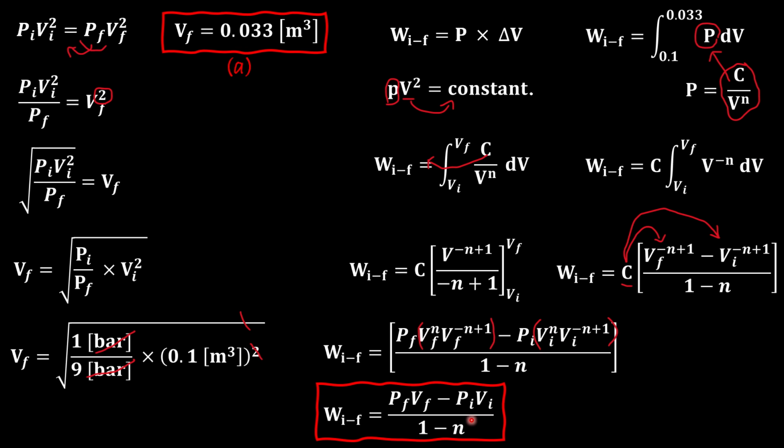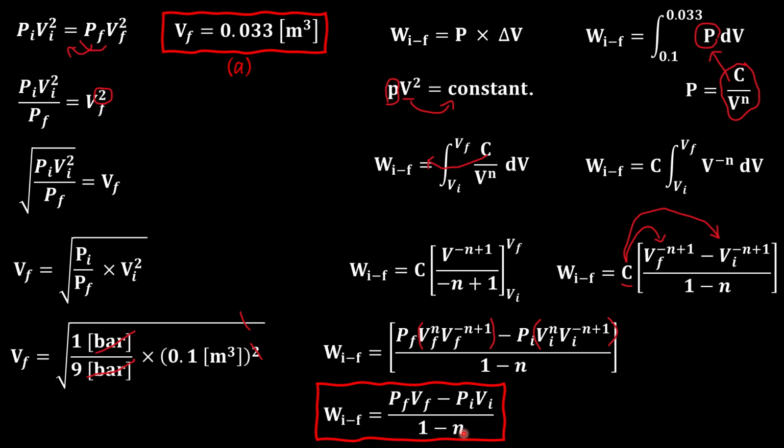All right, so this is our expression that we can use for any polytropic index. But pay attention, we cannot use it if the polytropic index is 1, because 1 minus 1 is 0, and that will give us an error. So this expression can work for all polytropic indexes except 1.